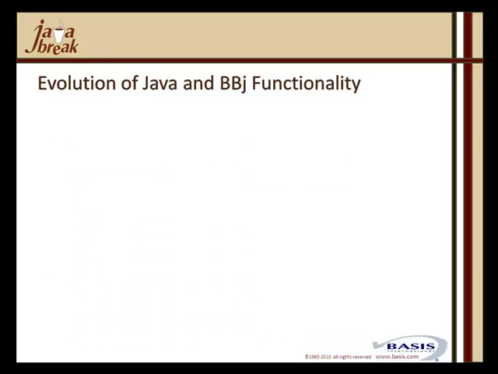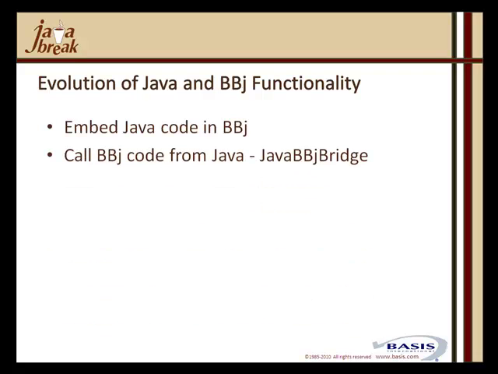Let's look at the history, the evolution of Java and BBj functionality. In the first version of BBj, we gave you the ability to embed Java code in your application. We then gave you the capability to call BBj code from Java via the Java BBj bridge.